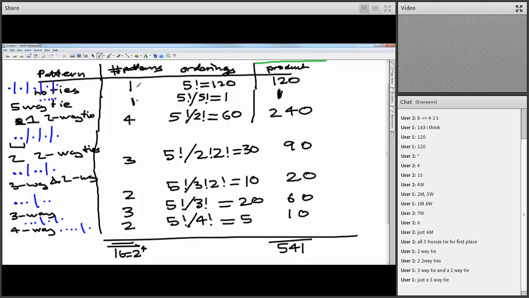So when you've got no ties, that really corresponds to picking, it's 4 choose 0, I think it is.